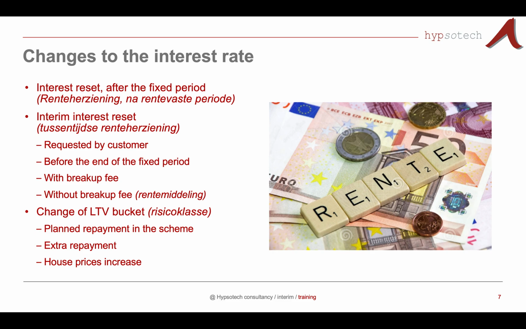That's not automatic, but consumers can initiate a new appraisal of the house, so they don't repay the loan, but they send a new appraisal report to the lender, and then the LTV will go down.